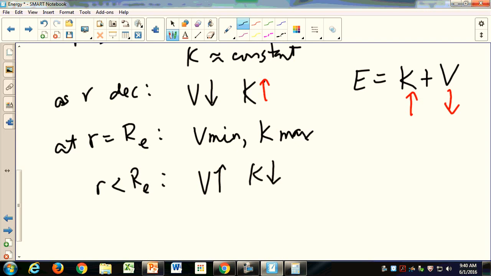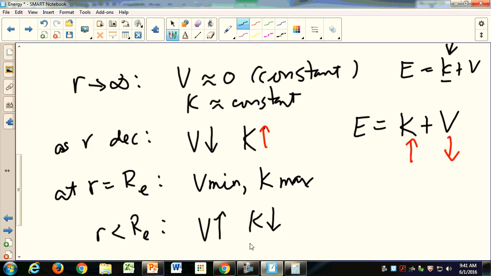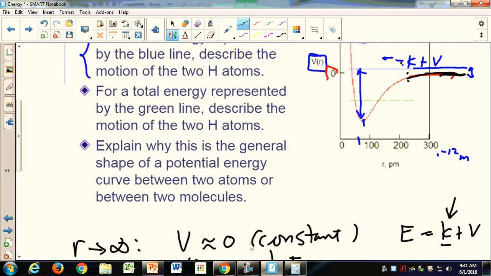Okay? And why would that be? Because now your charged particles are getting way too close to each other. The protons are too close to each other, the electrons are too close to each other. So now the repulsive forces are bigger than the attractive forces, so they slow down. Okay? So what happens eventually?